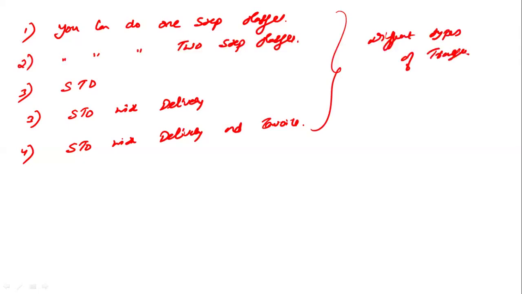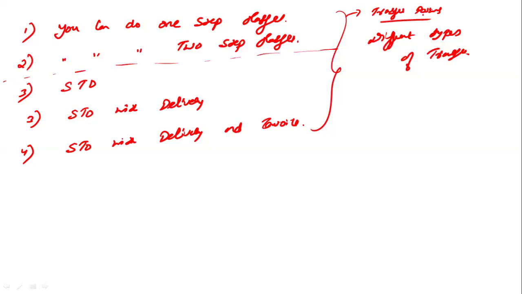So first, I mentioned you can do one-step transfer. Second, you can do two-step transfer. So what is this one step and two step? Both of these are done through a transfer posting. These are not STO, these are transfer posting.